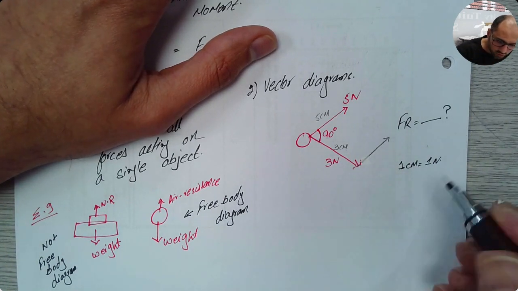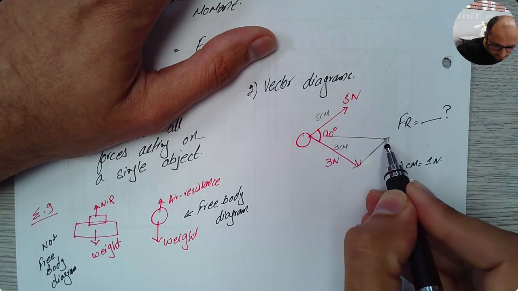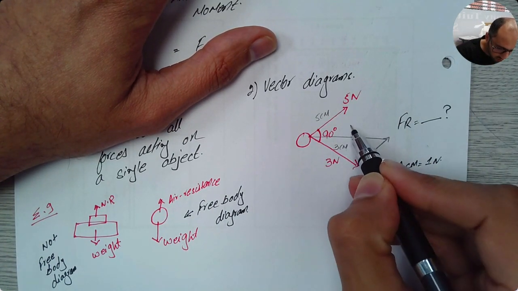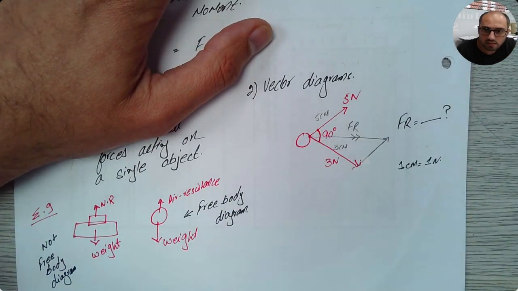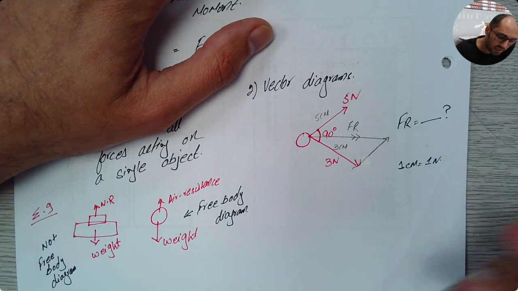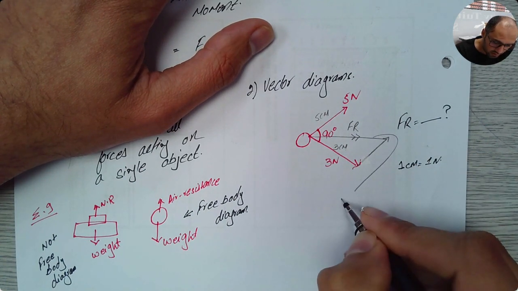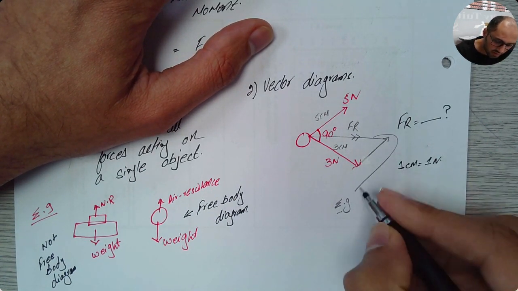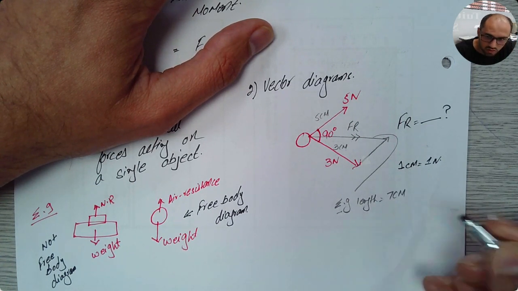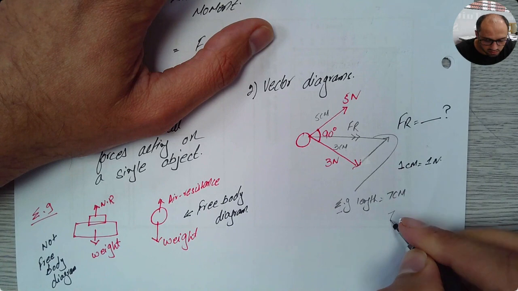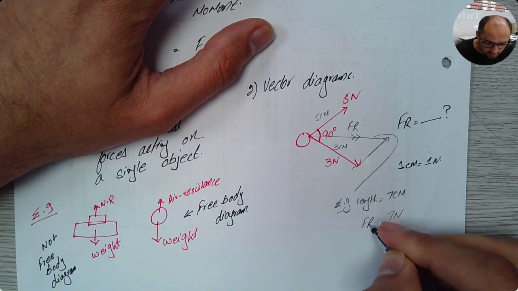And then if I join them two together, this will be my resultant force. So you'll have to measure the length of this, and then you will compare. Let's say, for example, I can say the length here is 7 centimeter. So if it is 7 centimeter, that means the resultant force is 7 newtons.